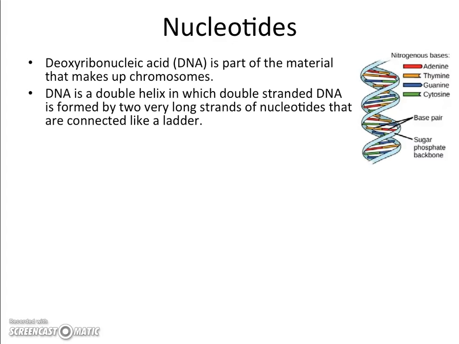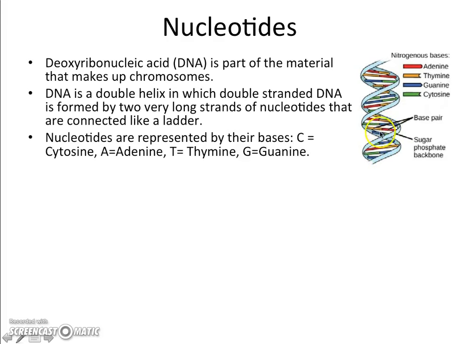As we had previously discussed, the typical visualization of DNA comes with a shape of a helix, in which there is a double strand, made of two long strands of nucleotides that are connected in a fashion that looks like a ladder, right? So that's precisely what we see in this illustration.